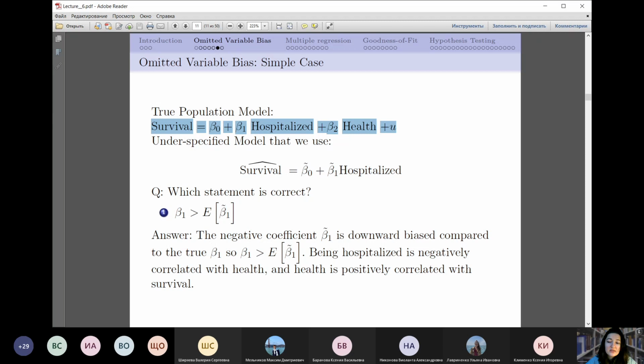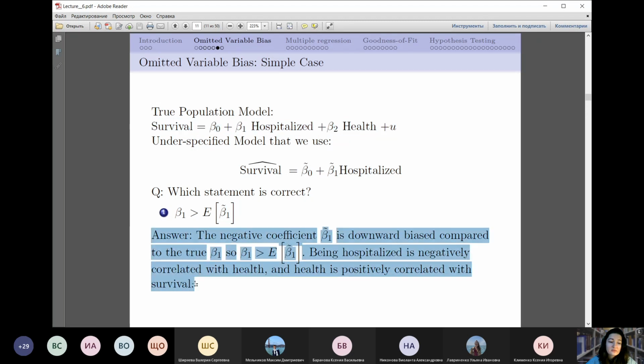So the answer was right, but please remember this logic. You can read this logic here about the correlation between the independent variables and about the effect of the omitted variable, health, on the dependent variable. Okay, do you have any questions?